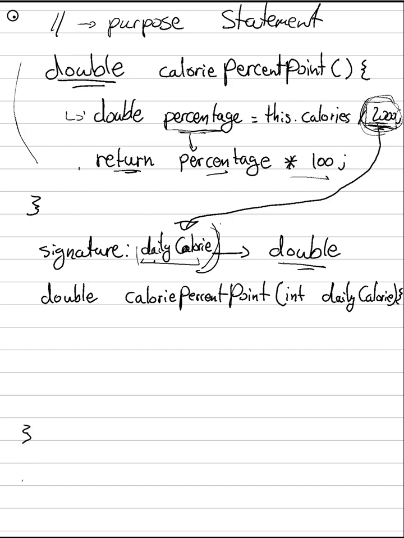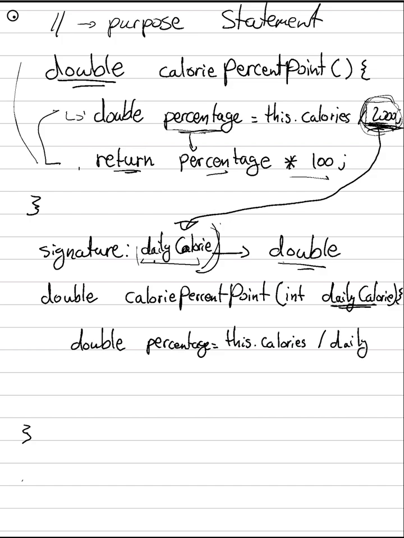Then it's simple. We just need to change this line right here. So we say double percentage to be this dot calories divided by this. Daily calories.